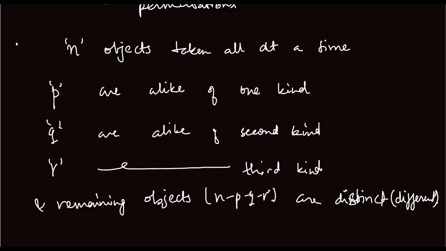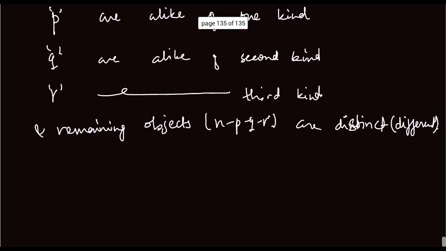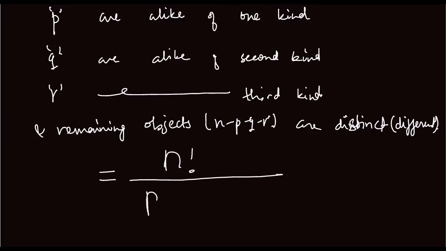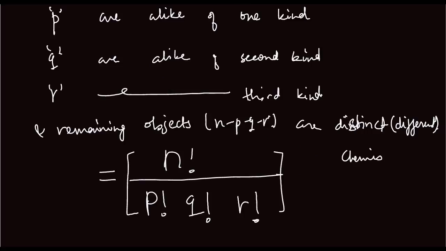Then how many permutations of n objects taken all at a time will there be? The formula is n factorial divided by p factorial, q factorial, and r factorial: n total objects, p factorial for one kind, q factorial for another kind, and r factorial for the third kind. One example for this: let's say you have chemistry books, physics books, and maths books.